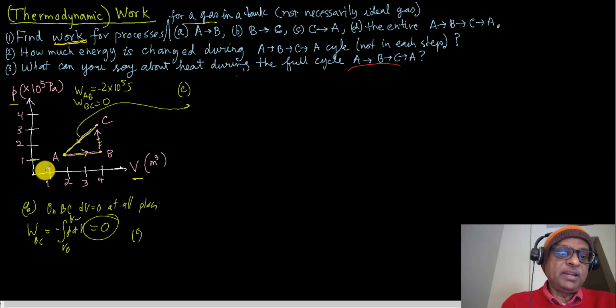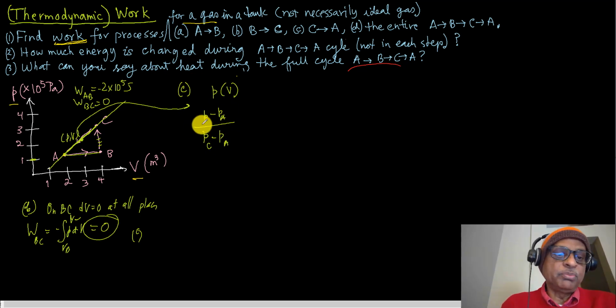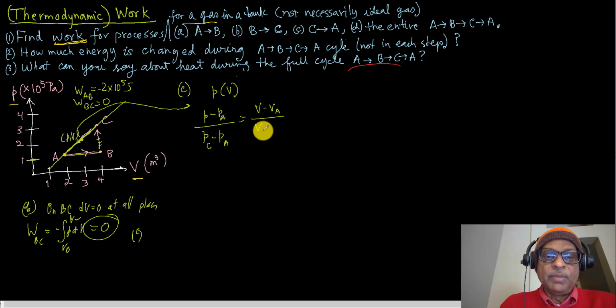You want to know on this, this is the equation of a straight line, and we need to know P as a function of V on that. So at any arbitrary point P, V: P minus PA over PC minus PA, so that's the slope, and this is V minus VA over VC minus VA.